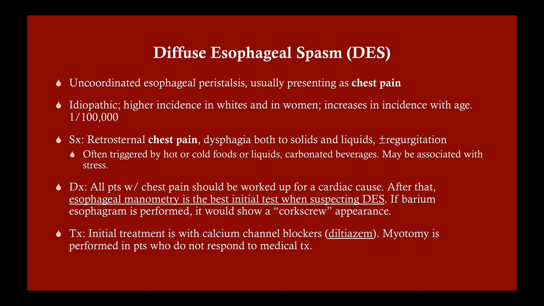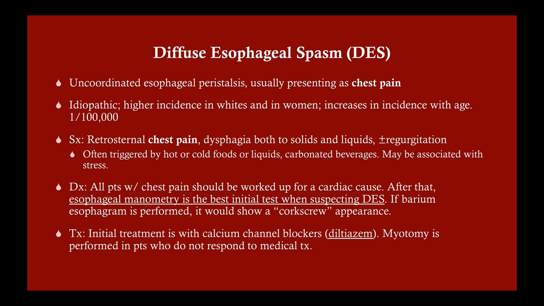After that, what you want to do if you suspect diffuse esophageal spasm is to get an esophageal manometry. A barium esophagram can be useful, so you can do that. I don't think you'll be asked to do one or the other, but manometry is just better. The reason is that you're going to get a lot of false negatives with the barium esophagram.